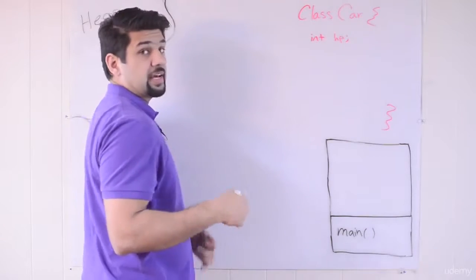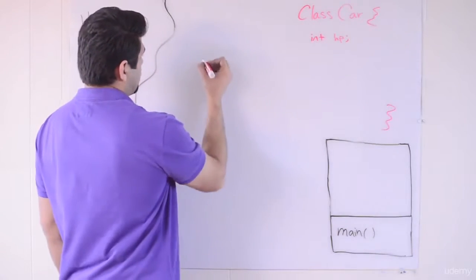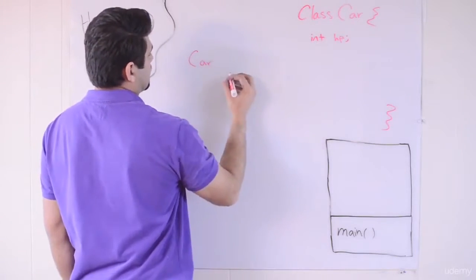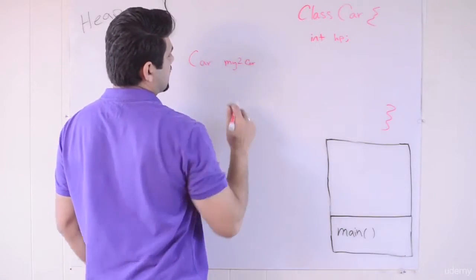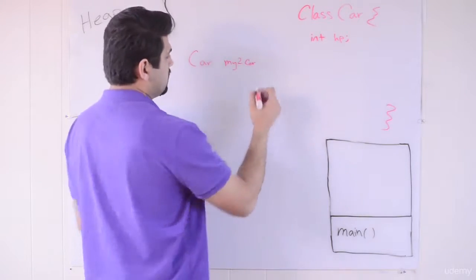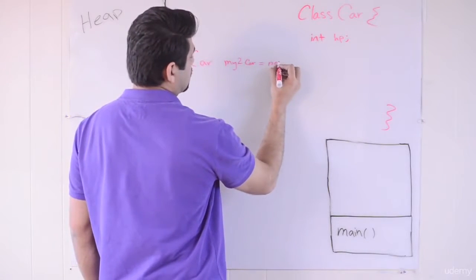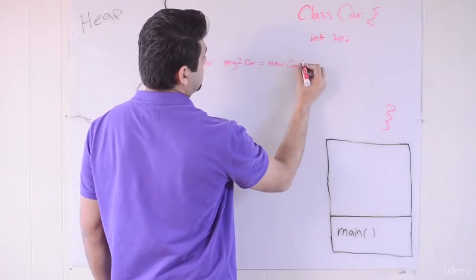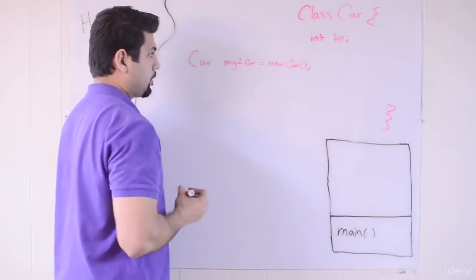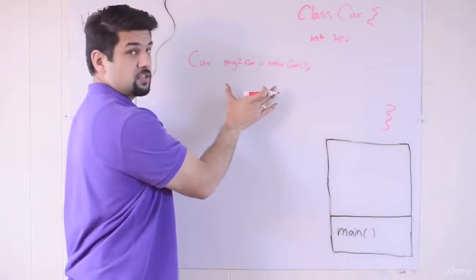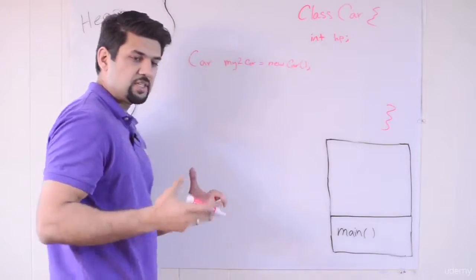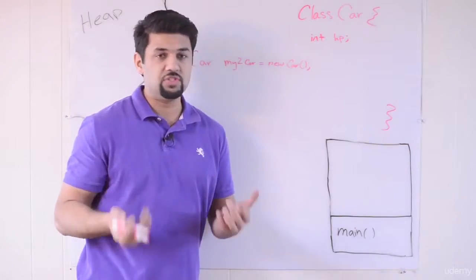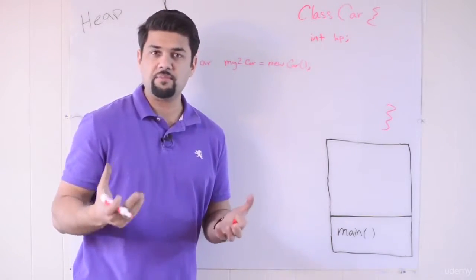And let's create an instance of Car. So we can do Car, and I'm going to call it my2car, just so that it doesn't collide with the previous variables that we've defined, equal to new Car. When I create an instance of this, an object, these two terminologies, object and instance, are used interchangeably. They're essentially the same thing.